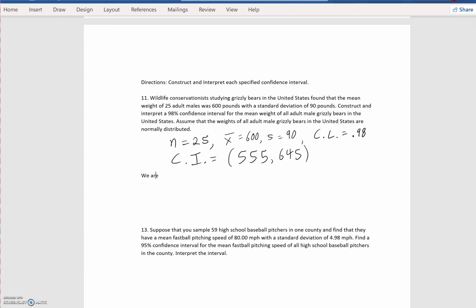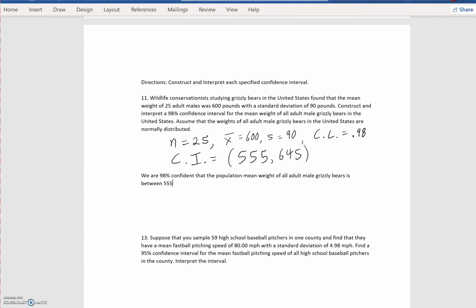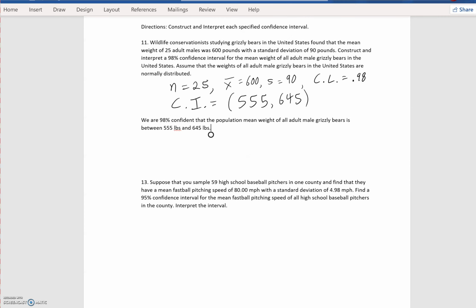We are 98% confident that the population mean weight of all adult male grizzly bears is between 555 pounds and 645 pounds.